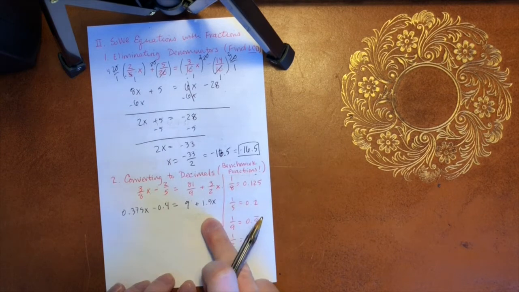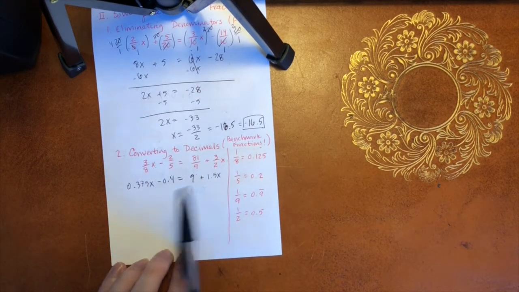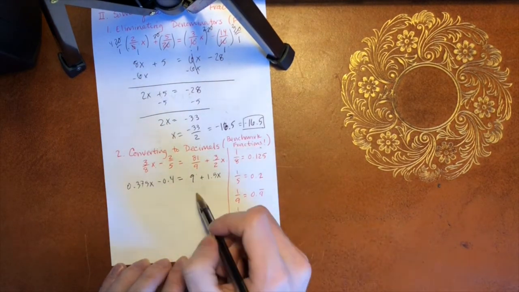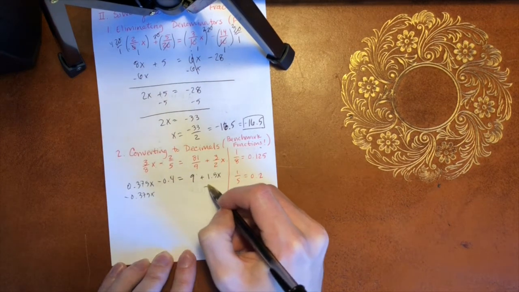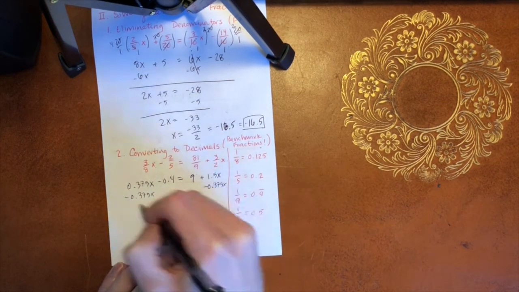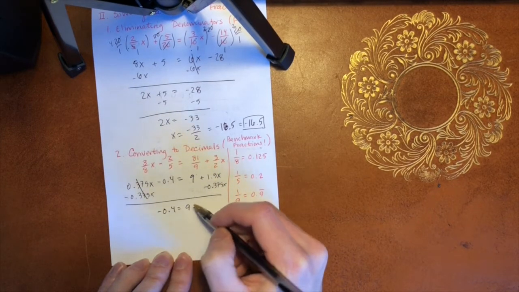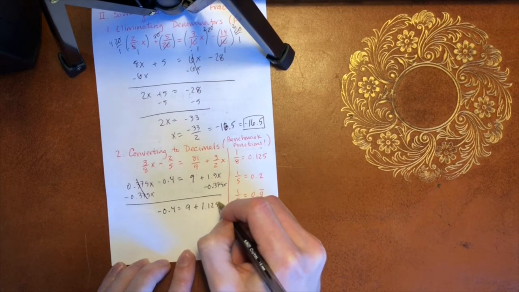So now we have this equation. Not a very pretty equation, but it is something that we can solve. So the first thing that we're going to do is start to combine our variables. We're going to subtract 0.375x from both sides. Negative 0.4 is equal to 9 plus, what would that be? 1.125x.